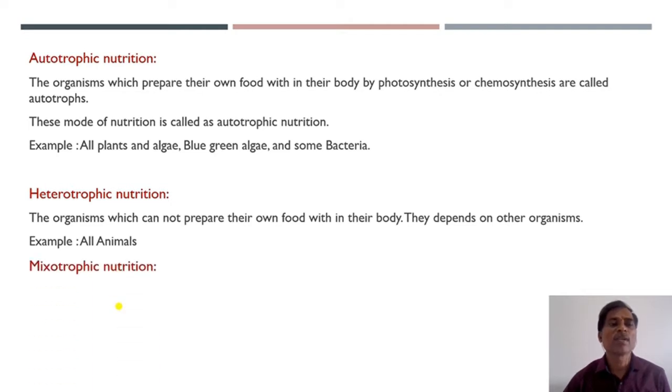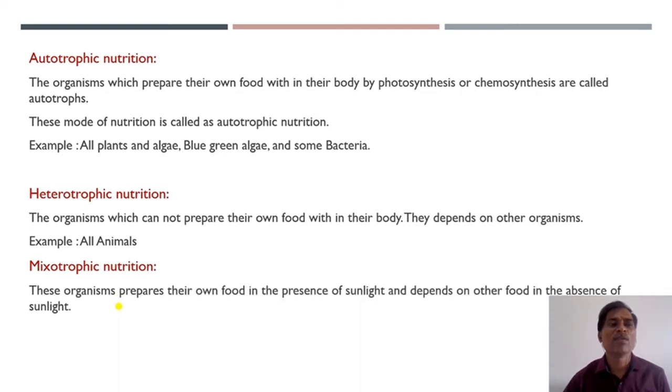Next, mixotrophic nutrition. What is mixotrophic nutrition? Some microorganisms, for example Euglena, can prepare their own food when sunlight is available. It depends on other living organisms when sunlight is unavailable. It acts like autotrophs and heterotrophs. That's why it is called mixotroph.